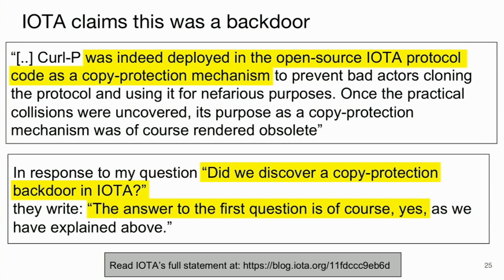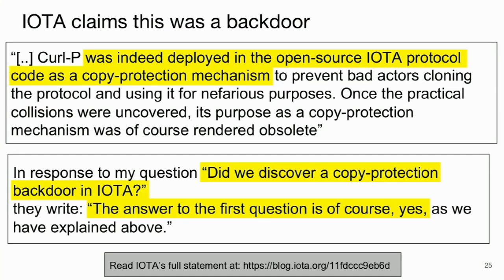Then, responding to a public statement I made asking if this was a copy protection backdoor in IOTA, they said the answer to the first question is of course yes. We can't really know their intentions. It doesn't look like a backdoor to me, but they have at least publicly claimed that this was an intentional vulnerability they moved into their code.